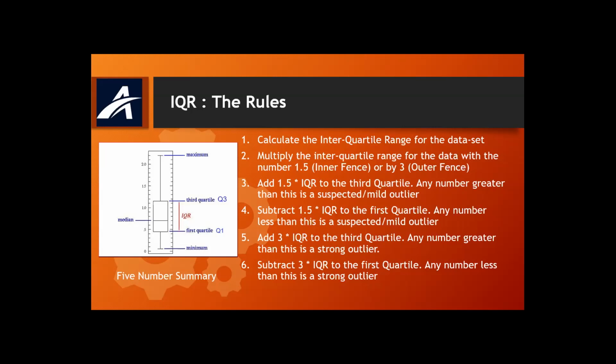If you use 1.5 to do the calculation, you will get your outliers. If you use 3, it creates a band of all the mild outliers. Anything above the results you get when you multiply by 3 is an extreme outlier.